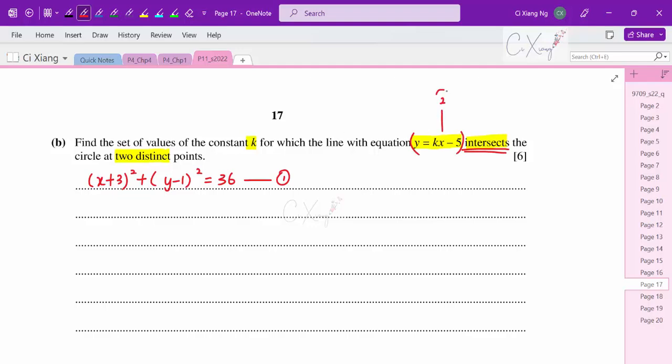I'm going to substitute the second equation into the first one, then solve it simultaneously, because we want to find the intersection point, right? So I will substitute the y as (kx minus 5 minus 1) squared. Try to simplify it.